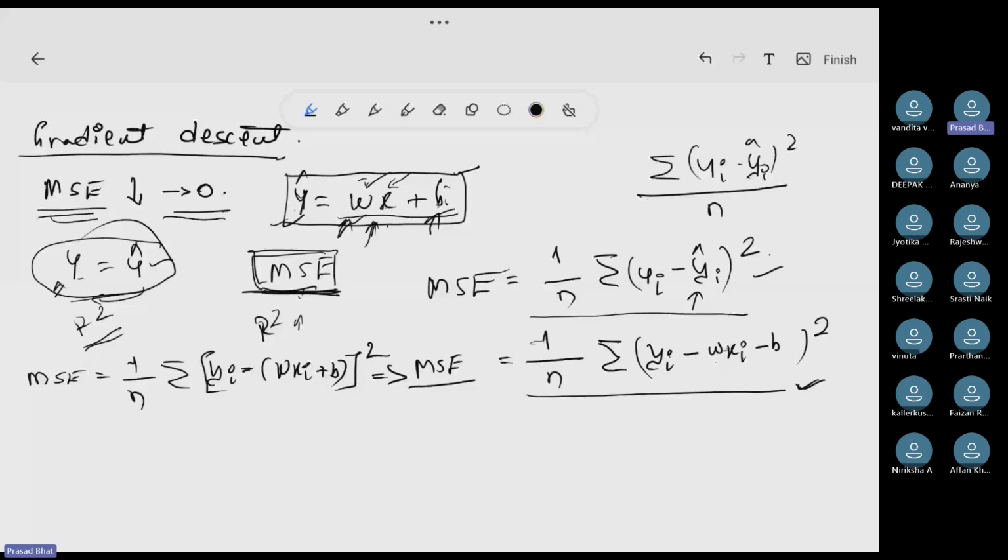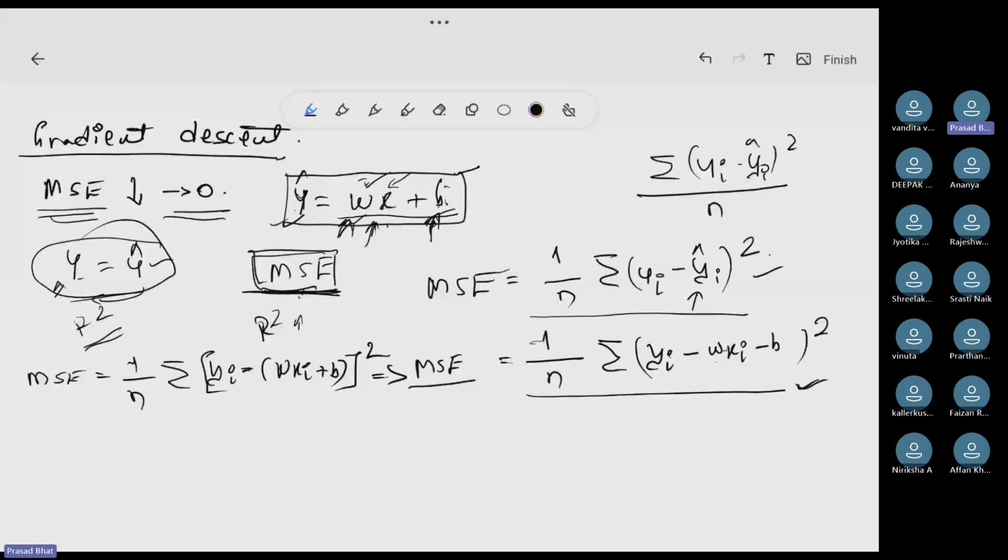Okay, cool. So now what are the two parameters that we need to change to make y cap closer to y, or to reduce MSE? W and b. This is what we understood so far, right? X is fixed. We already have the data. We can't change it. What are the parameters that we can actually change to make it better? W and b.